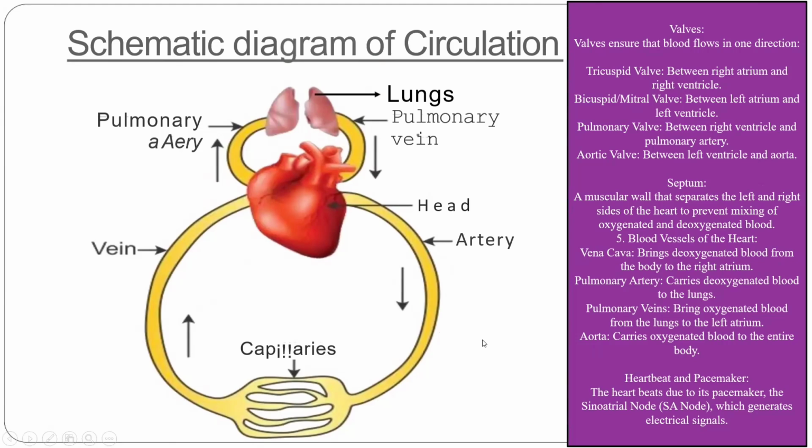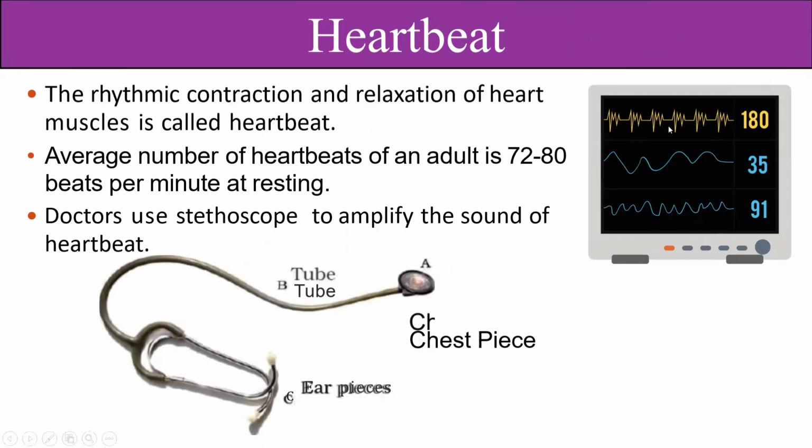And the heartbeat is due to the pacemaker, the SA node, which generates electrical signals, which we can easily see in this image. Thus, electrical signals are produced with the help of this. Now, heartbeat, the rhythmic contraction and relaxation of heart muscles, is called heartbeat.